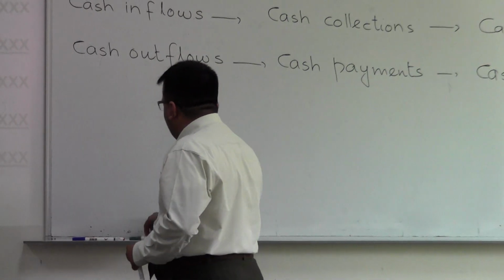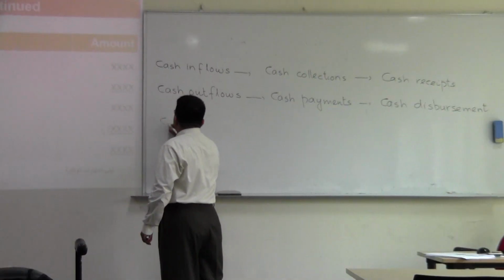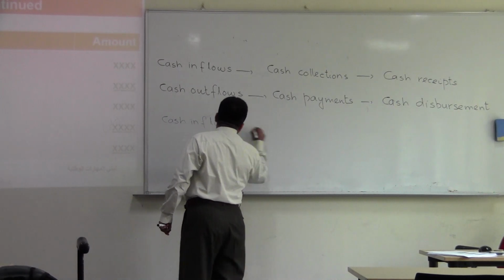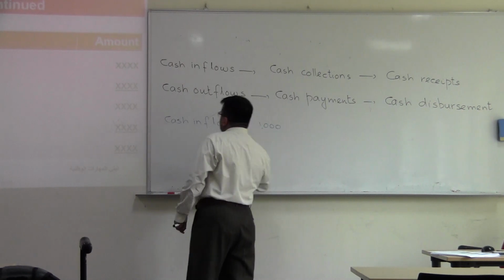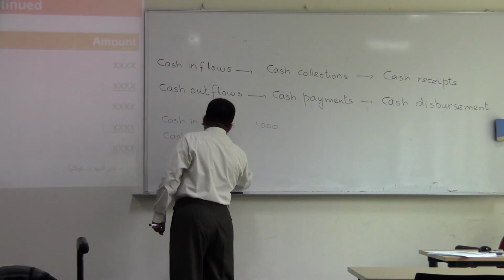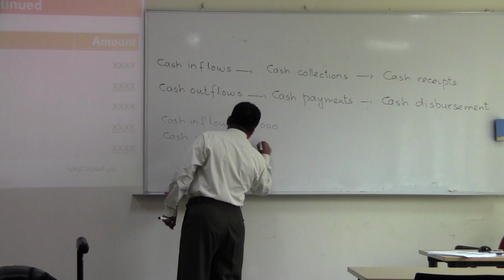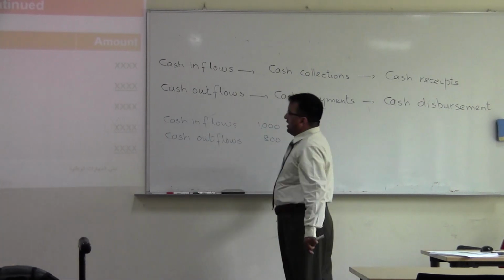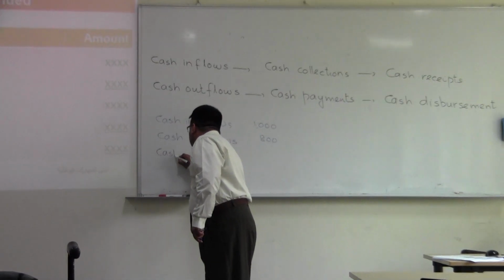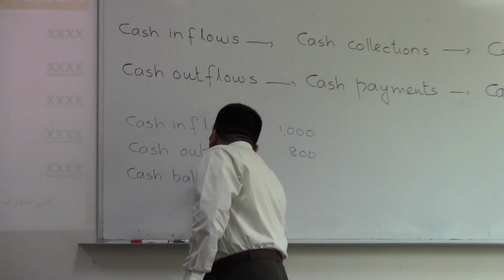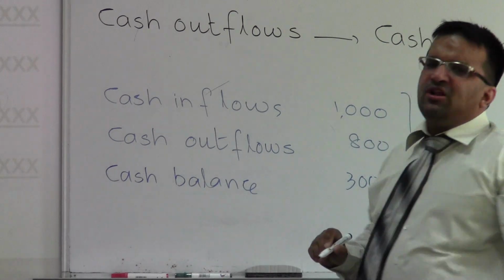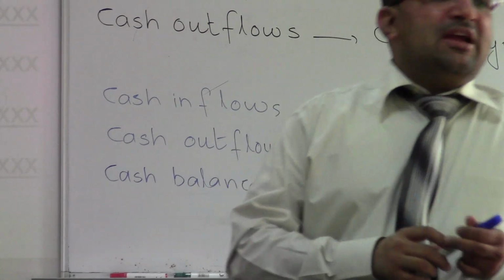Let's say you have cash inflows of 1,000, cash outflows of 800, and a cash balance with you of 300.